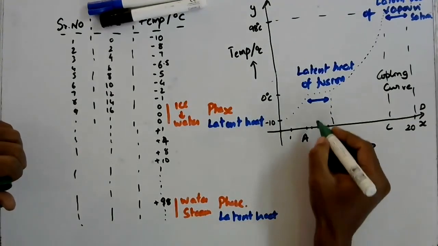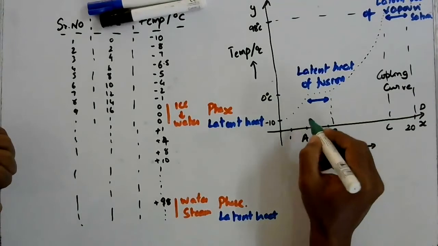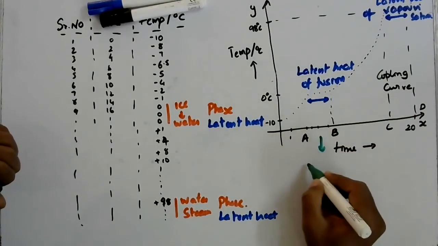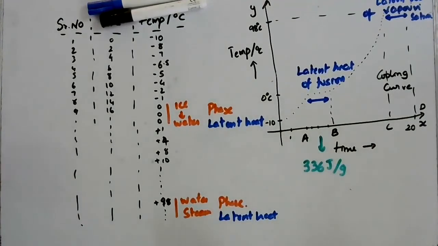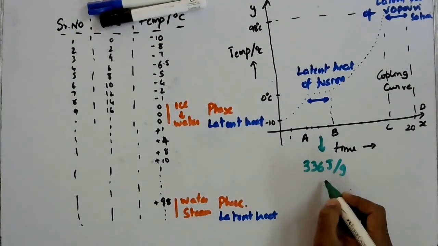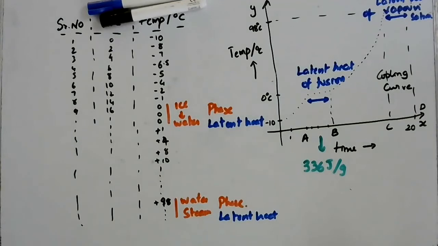So the latent heat of fusion for ice to water is approximately 336 joules per gram, which means that every gram of ice at 0 degrees Celsius will absorb 336 joules of energy to get converted completely into water. Okay, so this is a number that you have to remember. This is a number that you'll have to memorize, although in most numerical questions involving latent heat, you will be given these values also for calculation purposes.